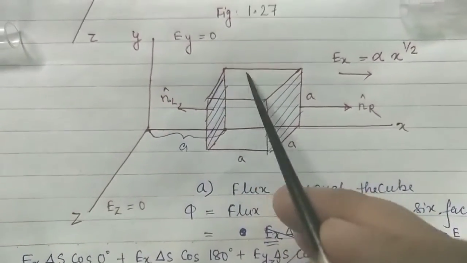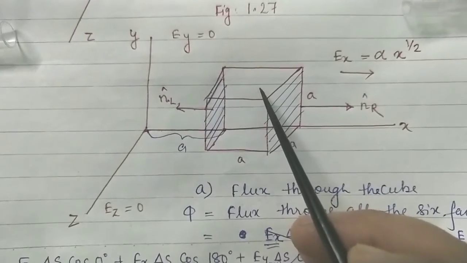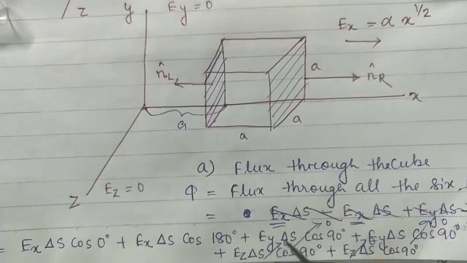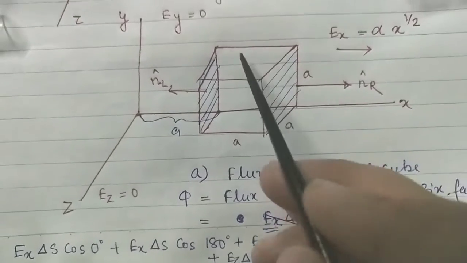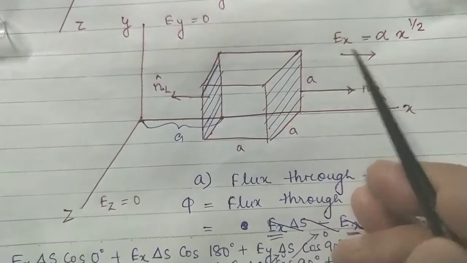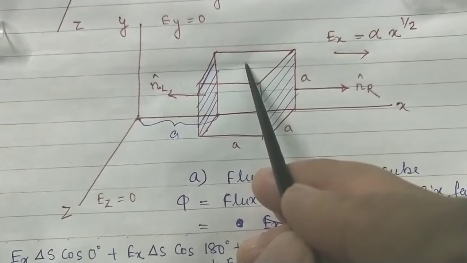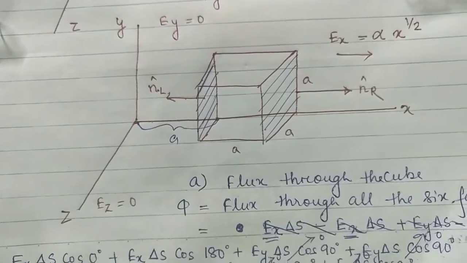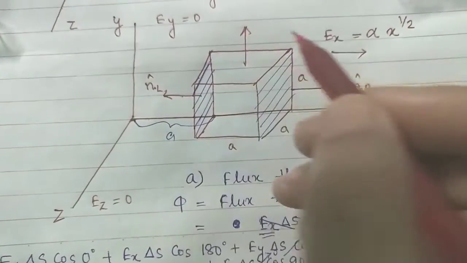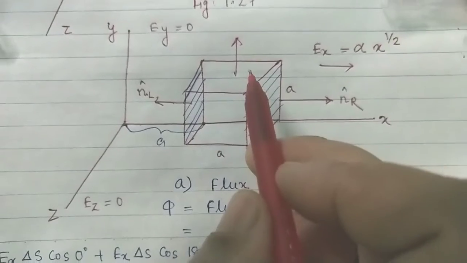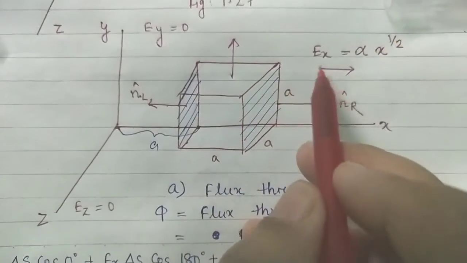Again if we go to the y axis, it is Ey del S cos of the angle. See, the electric field is in this direction, and the area vector is always perpendicular to the surface. So for this surface the area vector will be perpendicular like this, always outward perpendicular. So what is the angle?